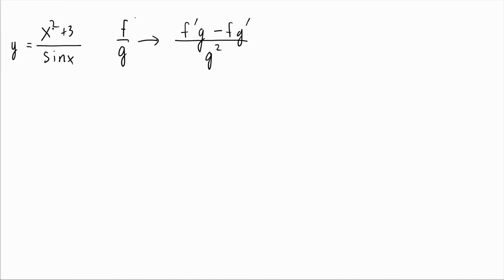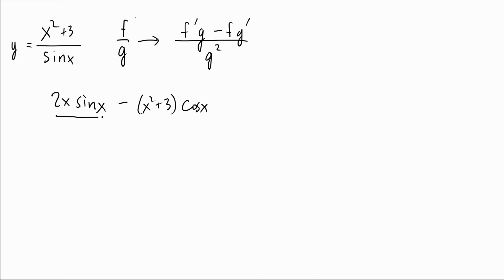All right, so take the derivative of the top, 2x, then we have sine x, then minus the top, x squared plus 3, times the derivative of the bottom, which is cosine x, and all over g squared, which would be sine squared.